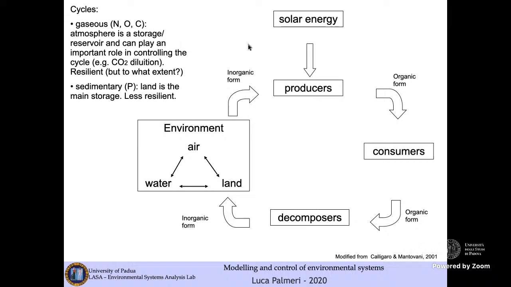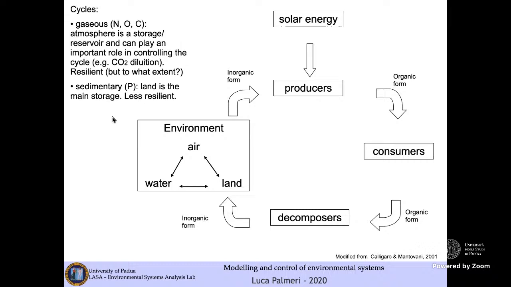Atmosphere as a storage provides also some resiliency ability to the system. So this means that having this large reservoir for gaseous forms of elements improves the resilience or the stability of the system. One question, to what extent, is still open. This is true for nitrogen, oxygen, and carbon.